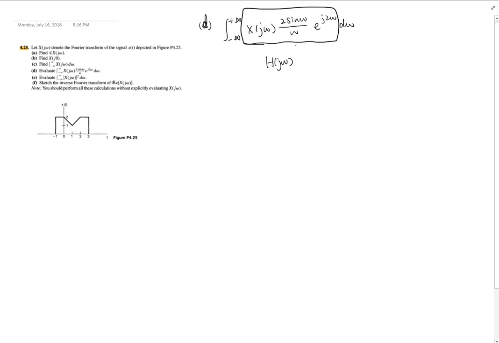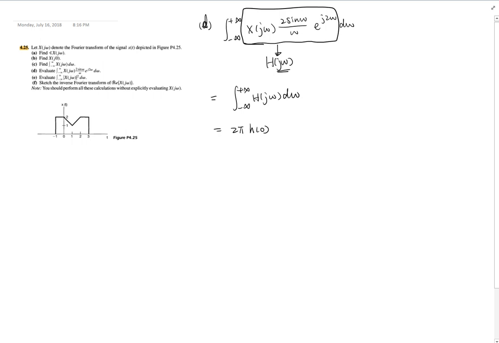It is some signal of the variable omega, right? So this thing becomes the integral of H(jω) dω, which is what we just proved in question C, is 2π times h(0).